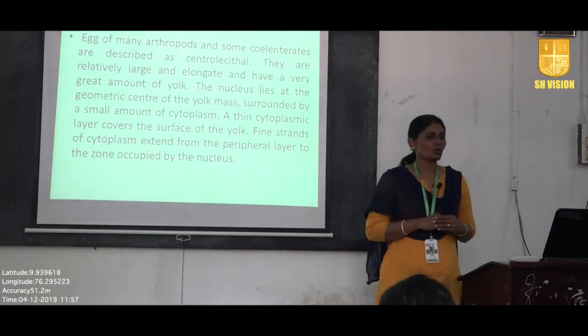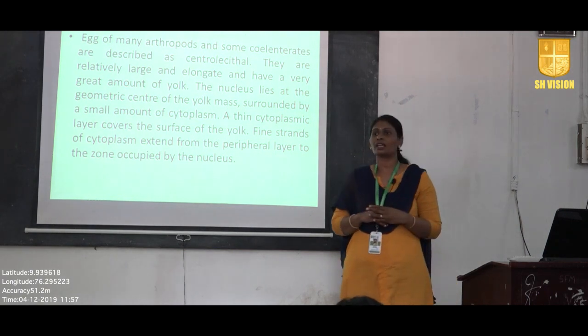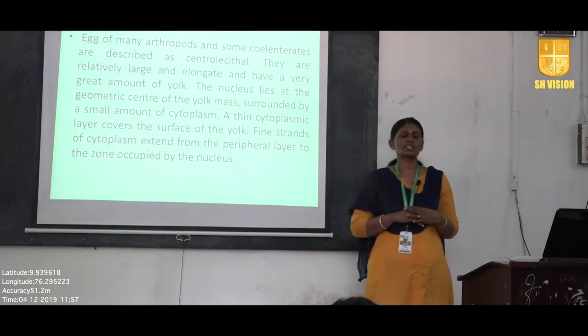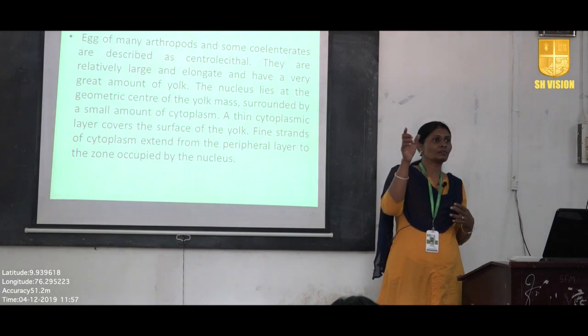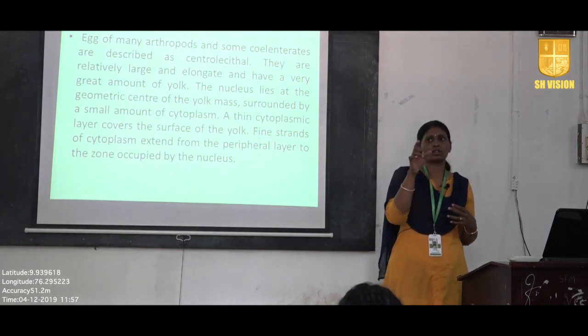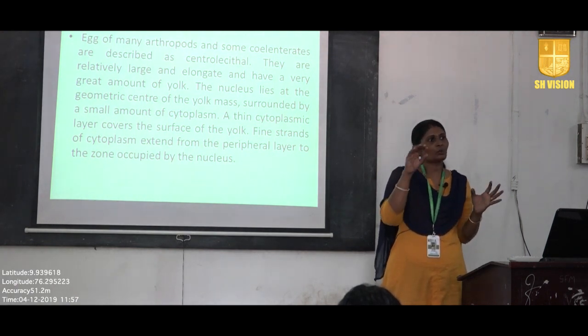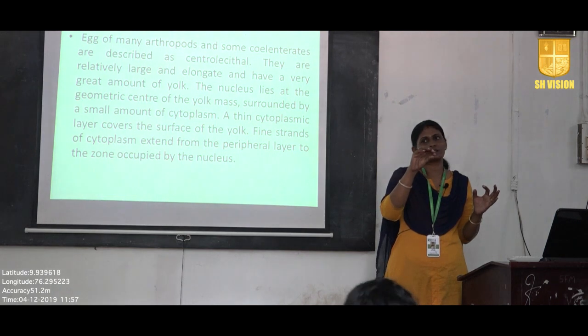Centrolecythal egg is found within insects. In insects you find the centrolecythal egg, and it's spherical, more or less ellipse in shape, and within the center you have the nucleus.